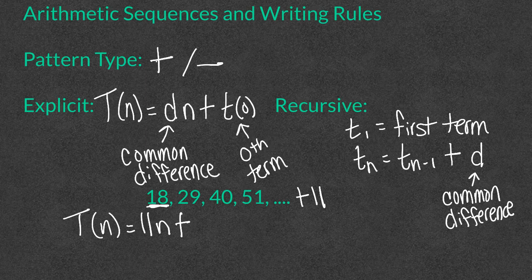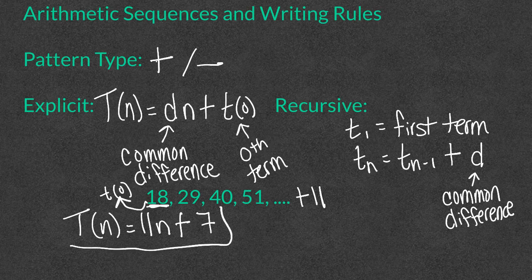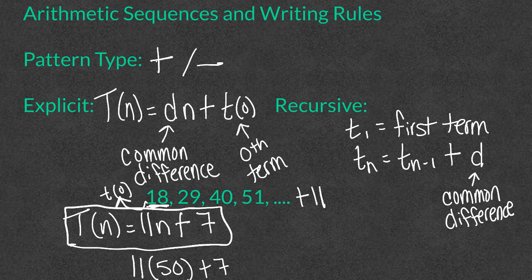So I'm actually going to need to go backwards to find the 0 term. So I'm needing to do 18 minus 11, and I get 7. So here is my explicit equation for this sequence. Now if I wanted to know the 50th term, I could simply take 11 times 50 plus 7, and that would tell me what the 50th term would be.